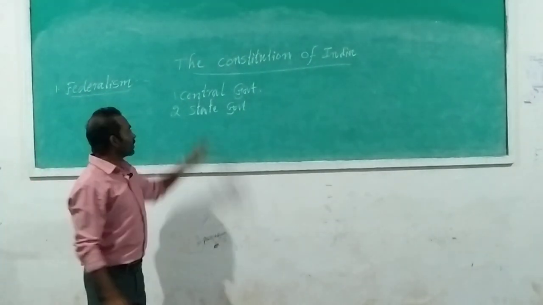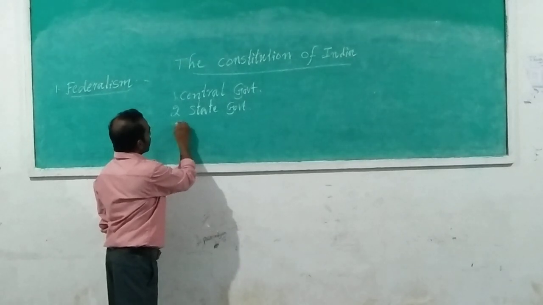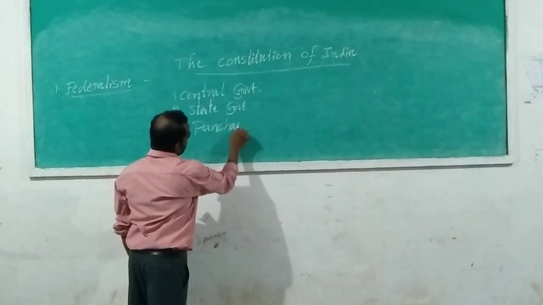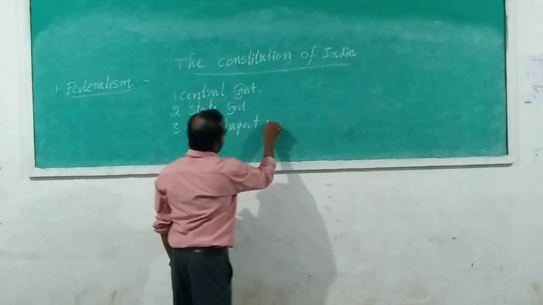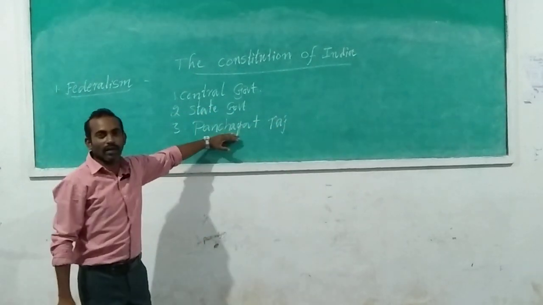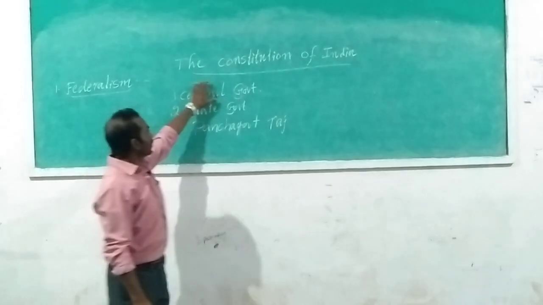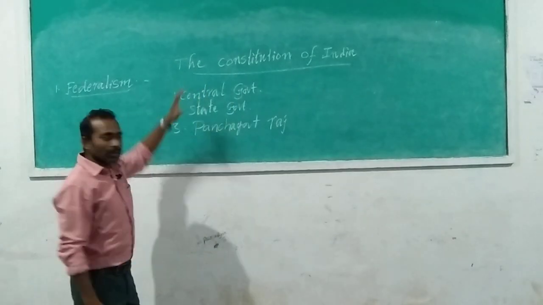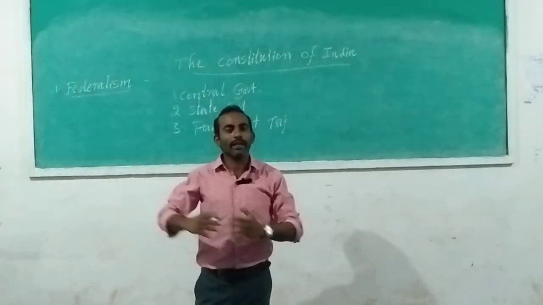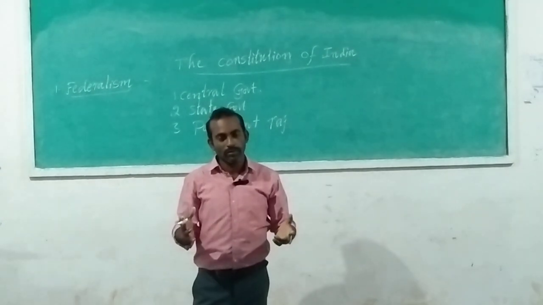The existence of more than one level of government in a country is said to be federalism. And in our India, there is a third tier of government, that is Panchayat Raj, also known as local self-government. Sitting a few members in Delhi and making laws and taking decisions for this vast country is not enough.